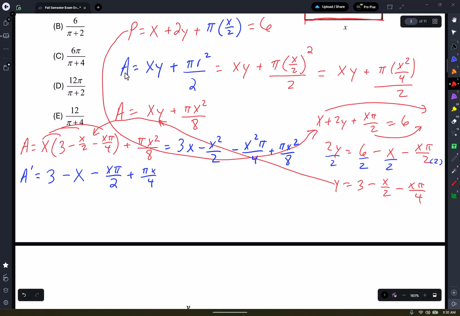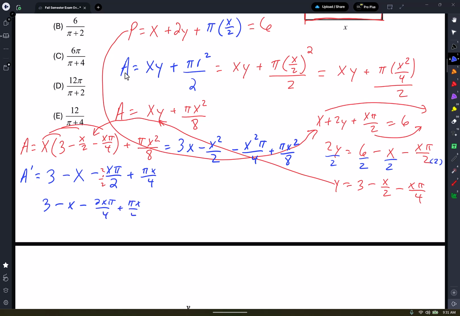Are we still okay? All right, I'm going to go ahead and multiply this one here by 2 over 2, so I can combine these last two down here. 3 minus x minus 2x pi over 4 plus pi x over 4. I'm trying to go slow, guys. I'm trying to show every step here. 3 minus x minus, and this is all just one now.